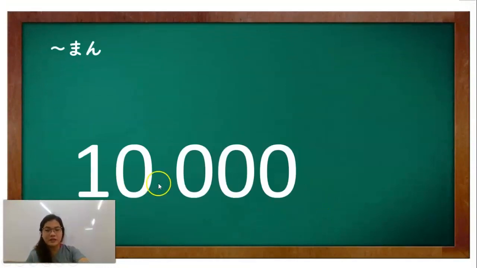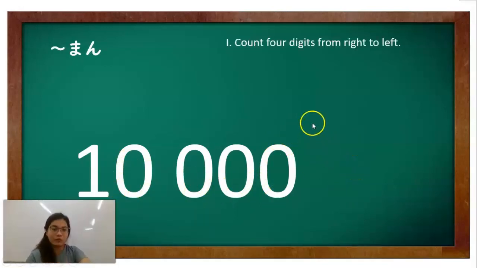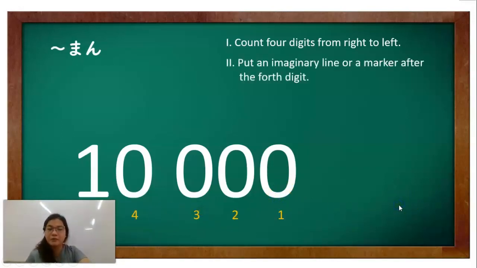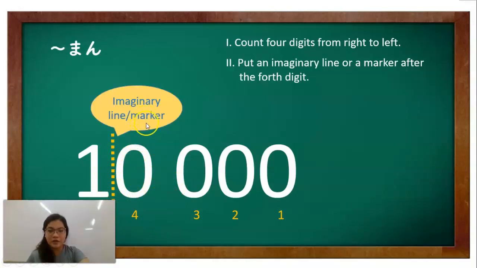Okay? So this is the figure of man. So to know how to count this one, here's the first rule. Count 4 digits from right to left. So we are going to count 1, 2, 3, and 4. And then put an imaginary line or a marker after that fourth digit. Okay, so this is the imaginary line.